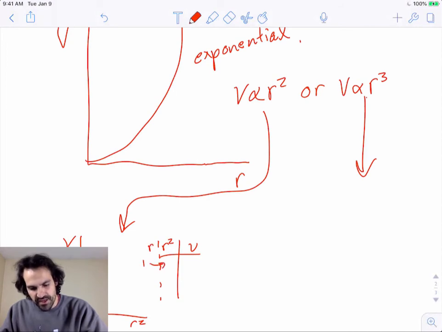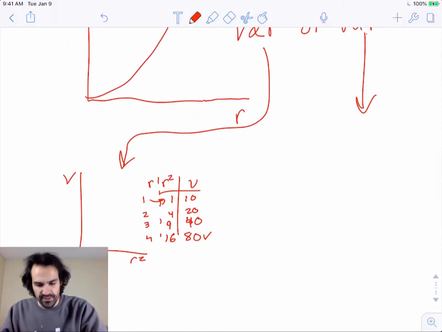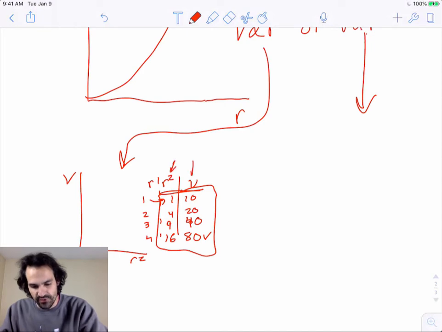So let's say your radii were 1, 2, 3, 4 that you measured, and they spit out voltages of 10 volts, 20 volts, 30, 40 volts, and 80 volts. Then you would square the radii, 1, 4, 9, and 16. So we're going to plot this set of data, radius squared and voltage, or rather voltage versus radius squared.